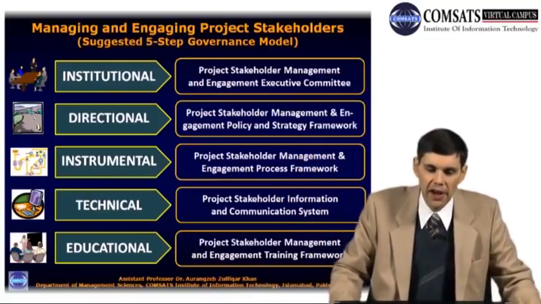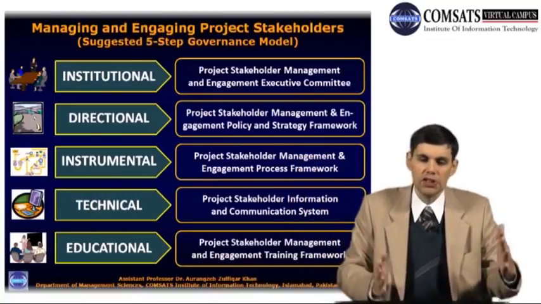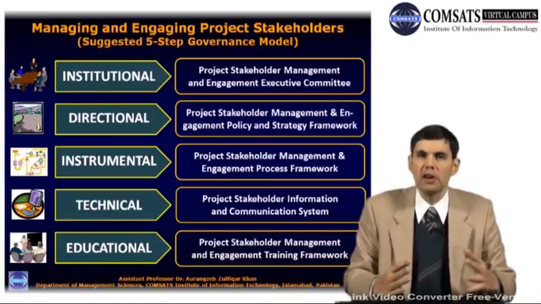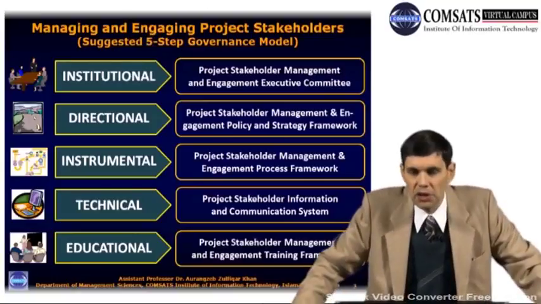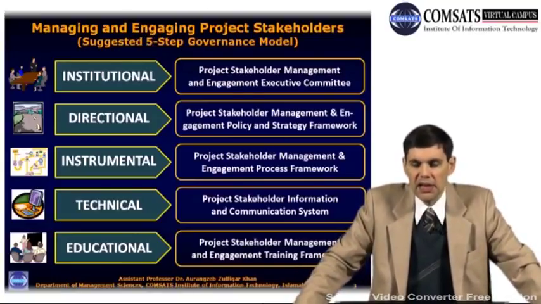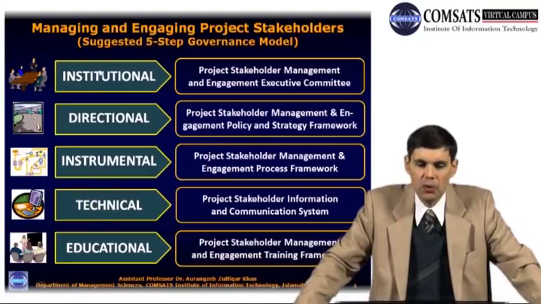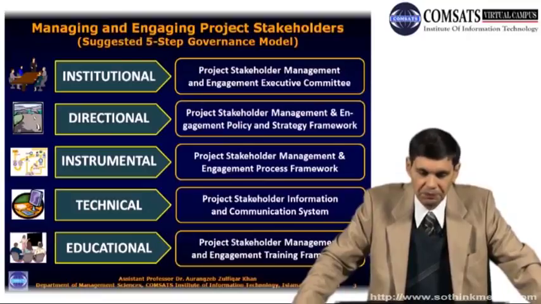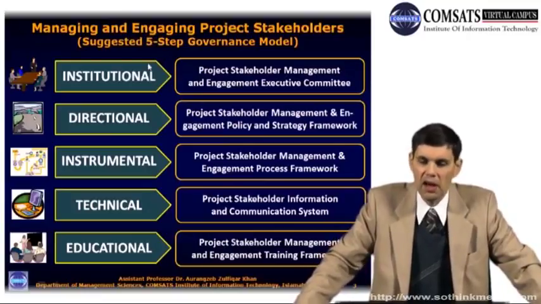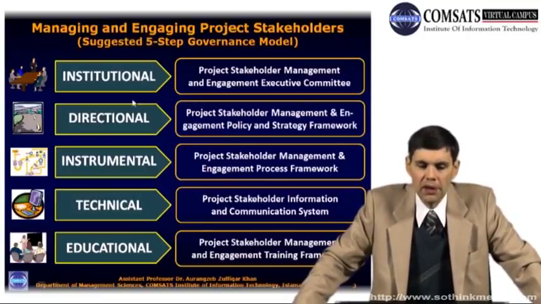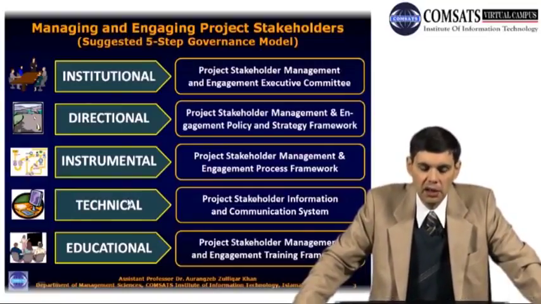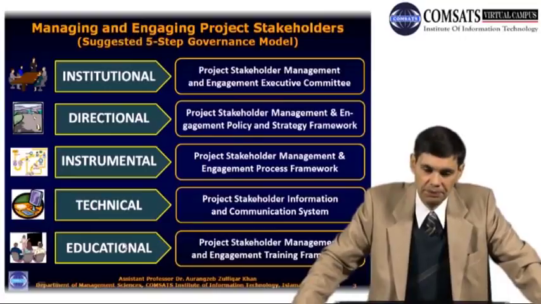These are 5 areas which are running parallel to each other. In order to properly manage and engage your project stakeholders, you have to have all these 5 steps in place. Now these 5 steps are institutional, directional, instrumental, technical, and educational.